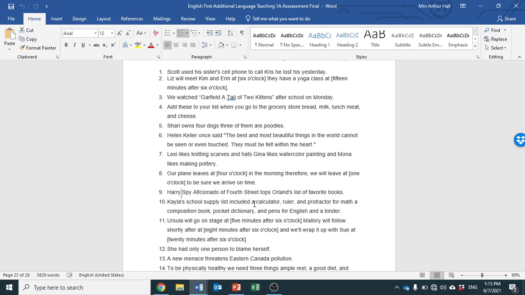So there are 3 types of things on this list: something for maths, something for English, and a binder for all of them. So we start off, after included, obviously with your colon, and then you start with your first part. This is the maths part: a calculator, a ruler, and a protractor for maths.